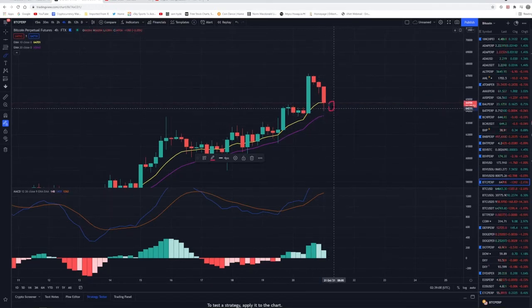Just pretend that's green, and it's about to close. So what we want to do is wait for this candle to close. Just as it's about to close, within seconds, we want to be placing the trade.